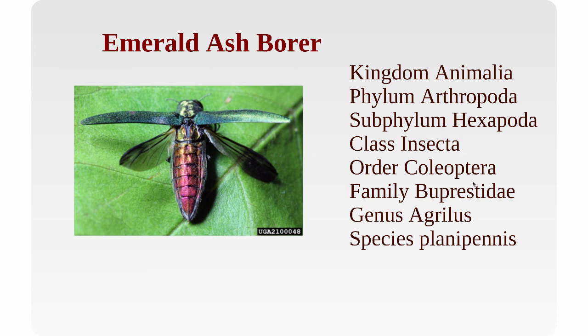It is in the family Buprestidae, genus Agrilus, species planipennis. And so as you go from kingdom to phylum to order to family to species and all of those in between, you get more and more narrow. That's what I mean by the hierarchical levels of taxonomy.